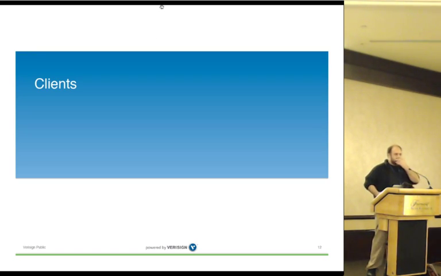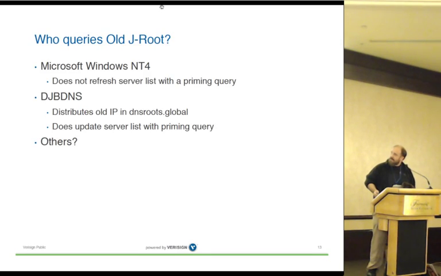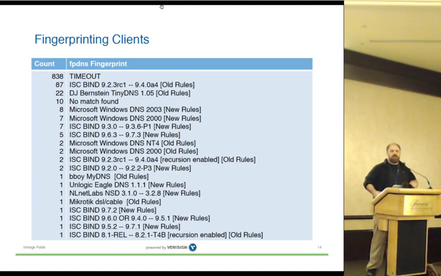So with all these queries, we're trying to see who these people are, who is coming up with old J, and we had some guesses. Especially older Windows DNS just didn't prime. And so I just took a sample, took a day, top 1,000 requesters, and just ran FPDNS on them.